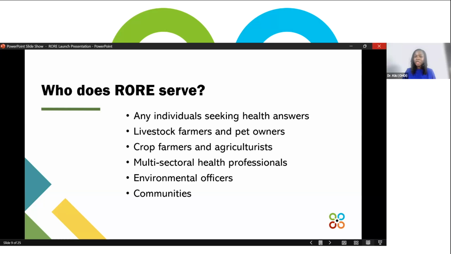Environmental officers, communities, NGOs, researchers, governments. If you're doing any program, interventions, research or government work, it can be useful for you to integrate Rore into your systems. I'll talk more about that later, as to how it can help institutions like this to scale and strengthen your impact or interventions across the board. And also it helps the private sector.